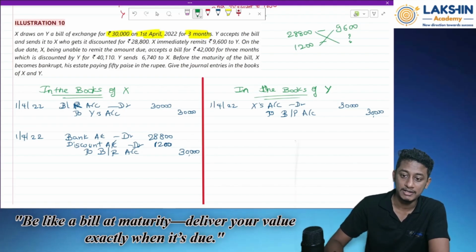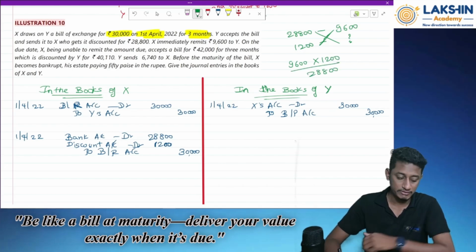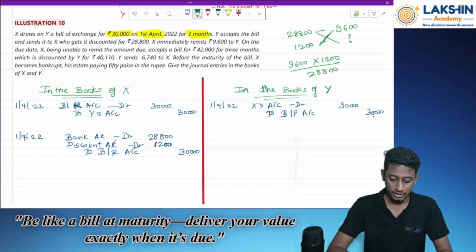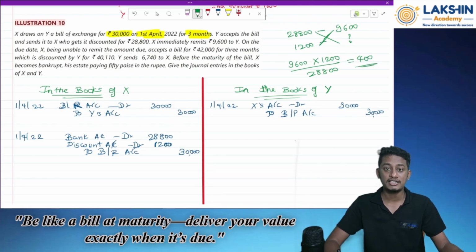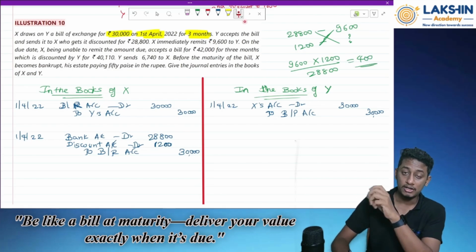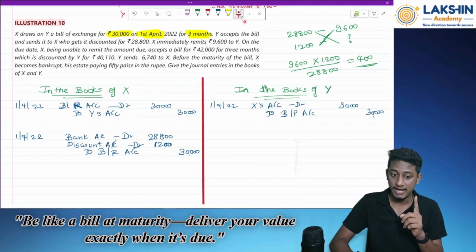So cross multiply this: multiply 1,200 with 9,600 and divide by 28,800. That would be rupees 400. So rupees 400 is the discount transferred by X to Y. Clear?